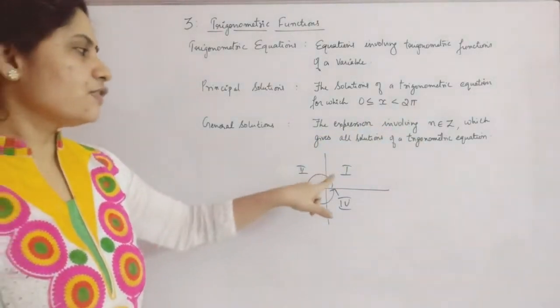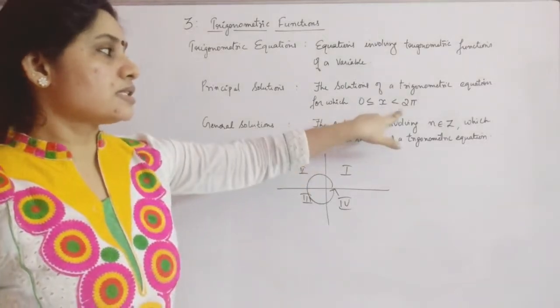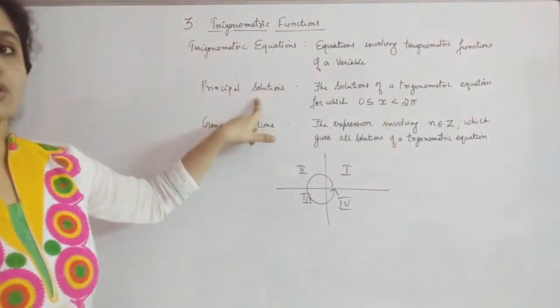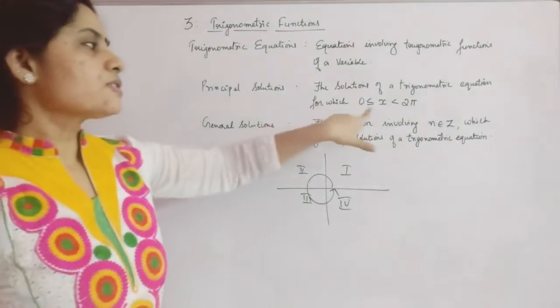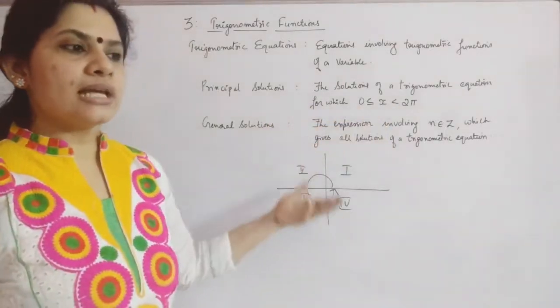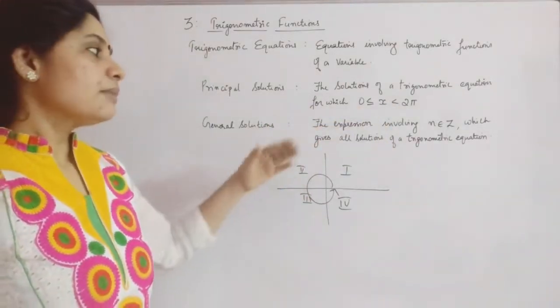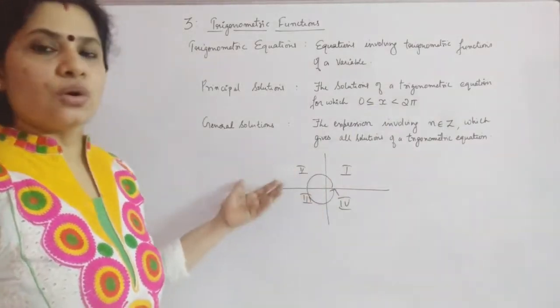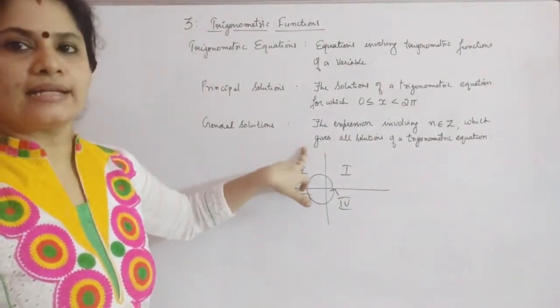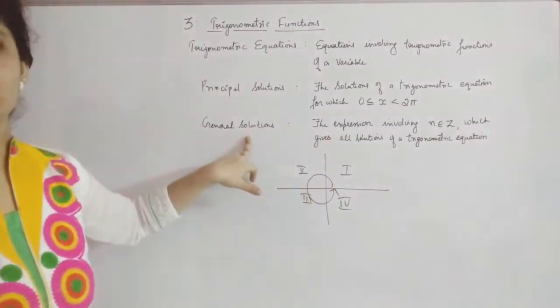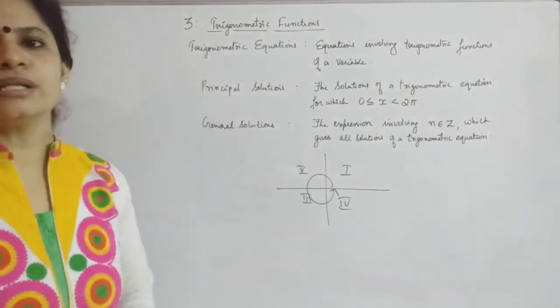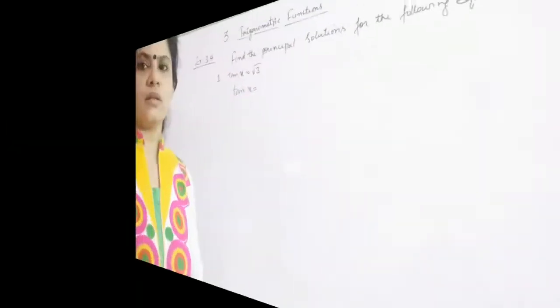That means if you are getting two values in between 0 and 2 pi as a principal solution, suppose for n as 1 and 2 you are getting those, but for 3, 4 etc. it will go on. So in general what we are writing as an expression, that will be your general solution, otherwise it is principal solution. Okay.